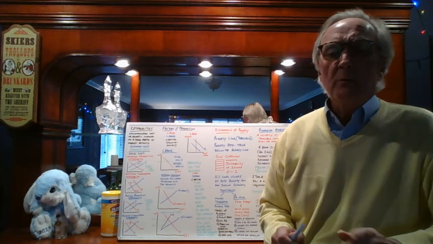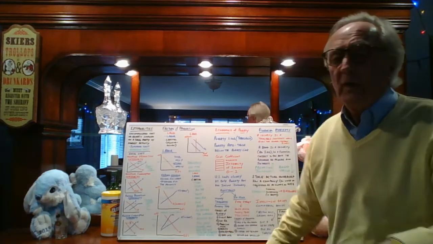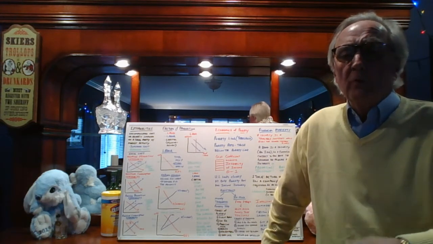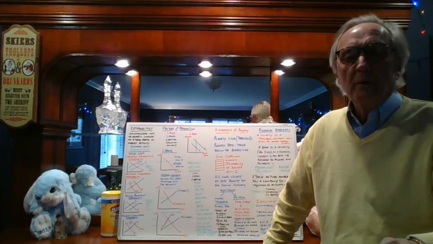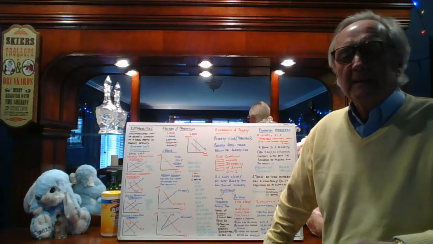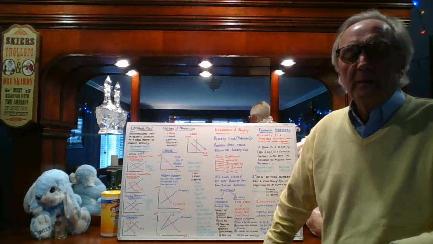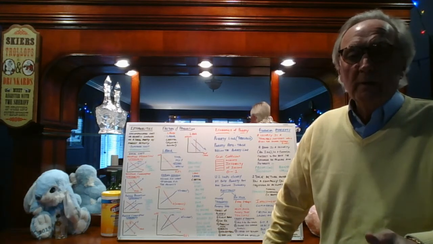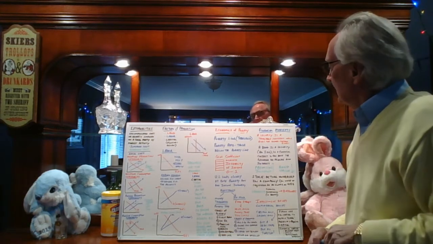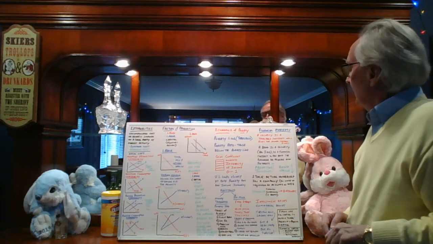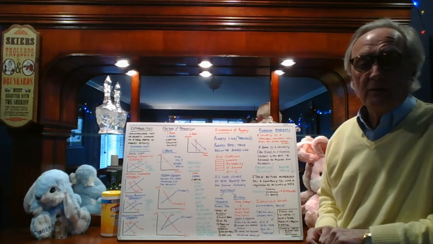So if you can't see some things on the board, I will try to vocalize everything that's on the board so that if you can't see it quite perfectly, all you have to do really is listen to our lecture, okay? And especially towards the end when we talk about economics of poverty and the financial markets.